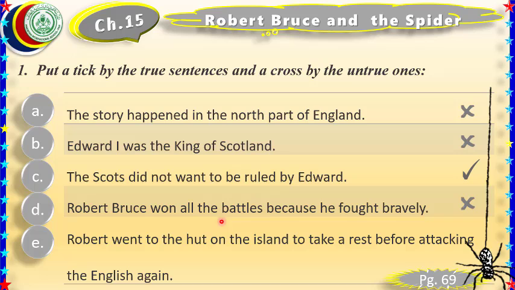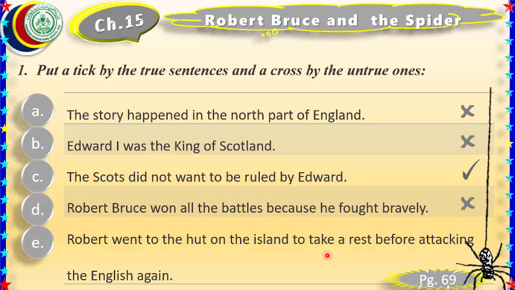Robert went to the hut on the island to take a rest before attacking the English again. Did he go to the hut to take some rest and attack the English again? No, he went to the island.